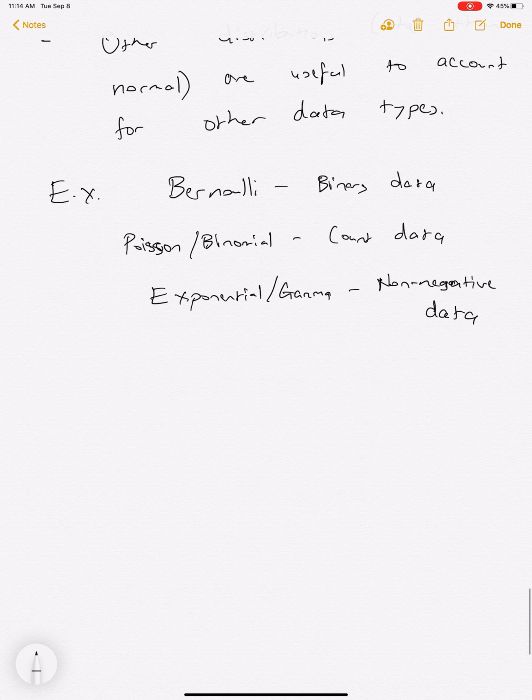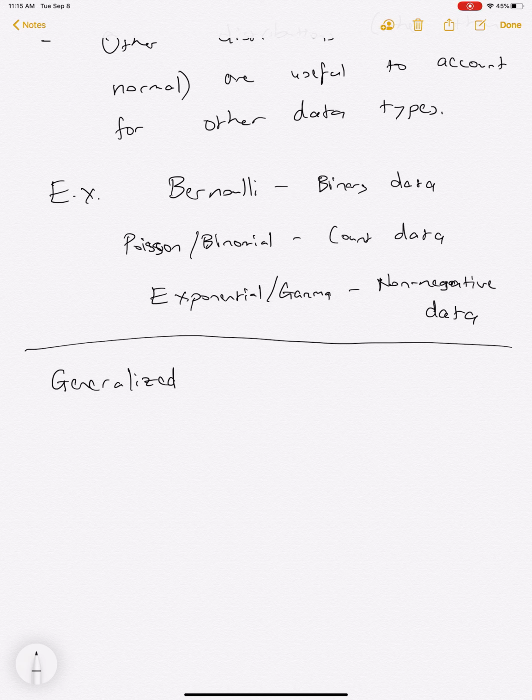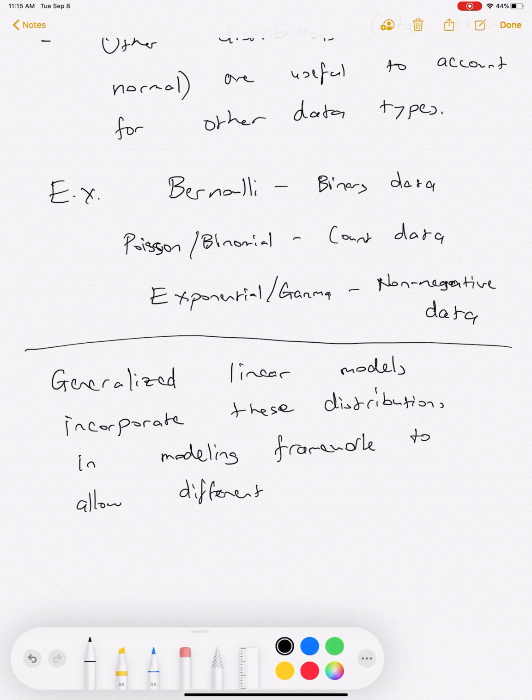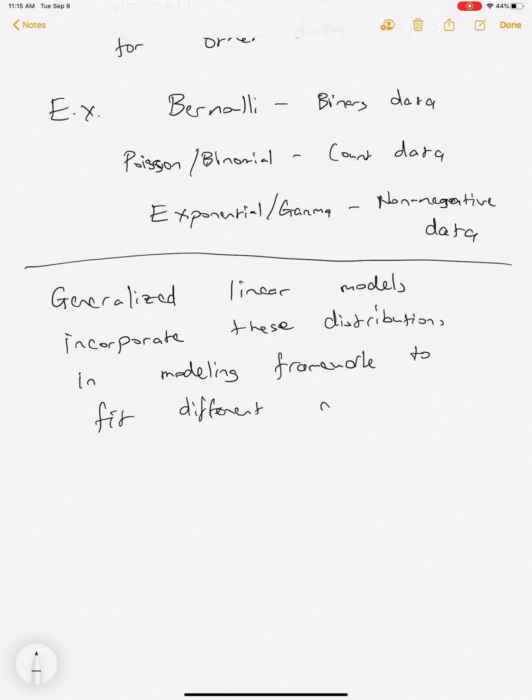Okay, and so in a nutshell, to fit different data types, basically the generalized linear model framework incorporates these distributions into the modeling framework.